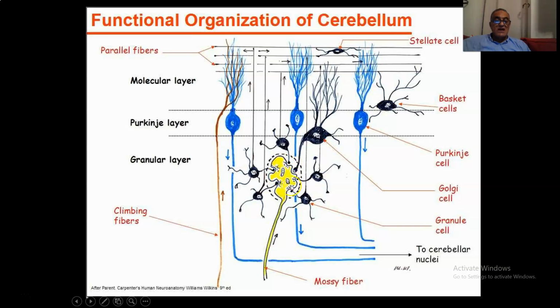The granule cells also have axons going to the nuclei, called mossy fibers. So we have the Purkinje layer containing Purkinje cells, dendrites of the Purkinje cells in the molecular layer, axons of the Purkinje cells in the granular layer with the granule cells.